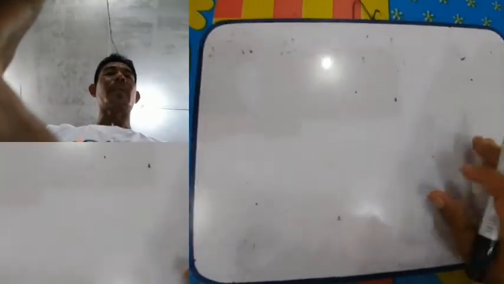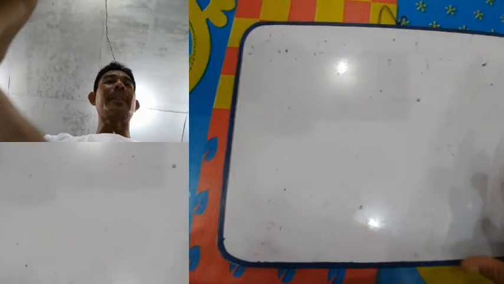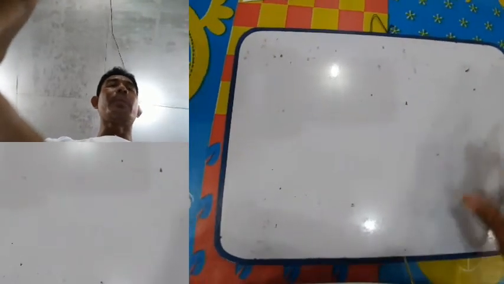Okay, so this time we're going to find now the measure of the angle formed by the round bar to the wall from the floor. But before that, we're going to draw or make an illustration.